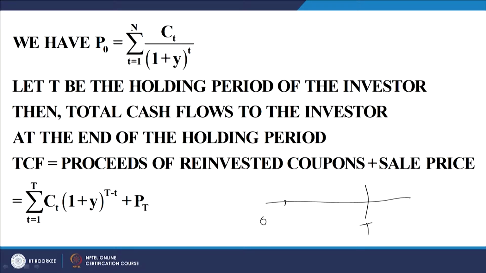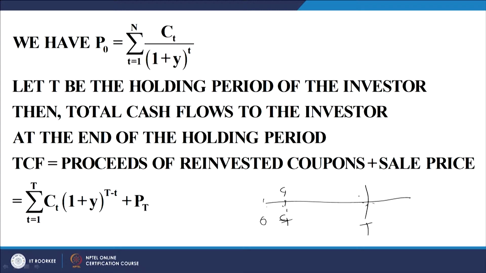Now, I will get a coupon C1 at t equal to 1, a cash flow at t equal to 1. I can reinvest it for T minus 1 years. This is 0, so this is T years, and this will be T minus 1 years.